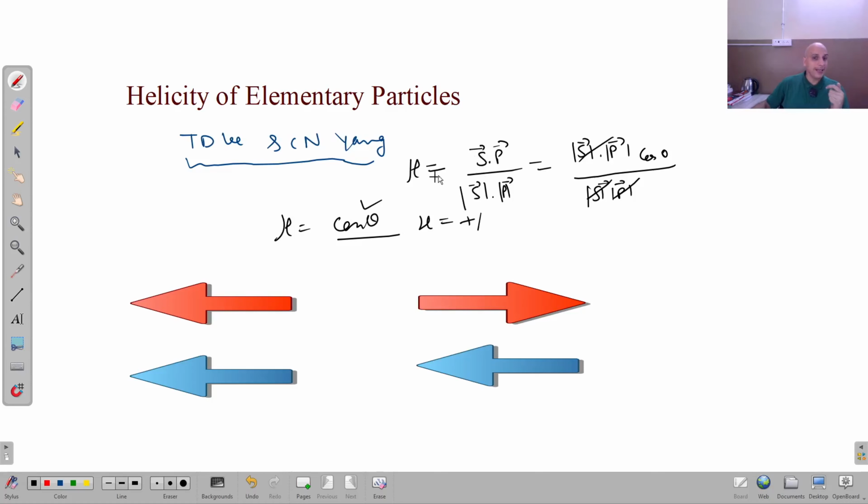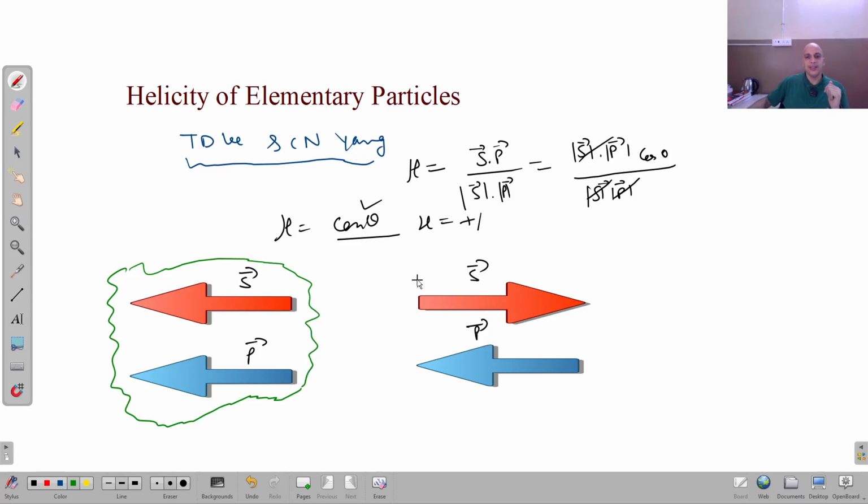But if they are anti-parallel, this is the case: here it is the spin direction and here it is the linear momentum direction. You can see here both the spin and linear momentum are in the same direction of the particle. But in this case, the things are opposite, right?